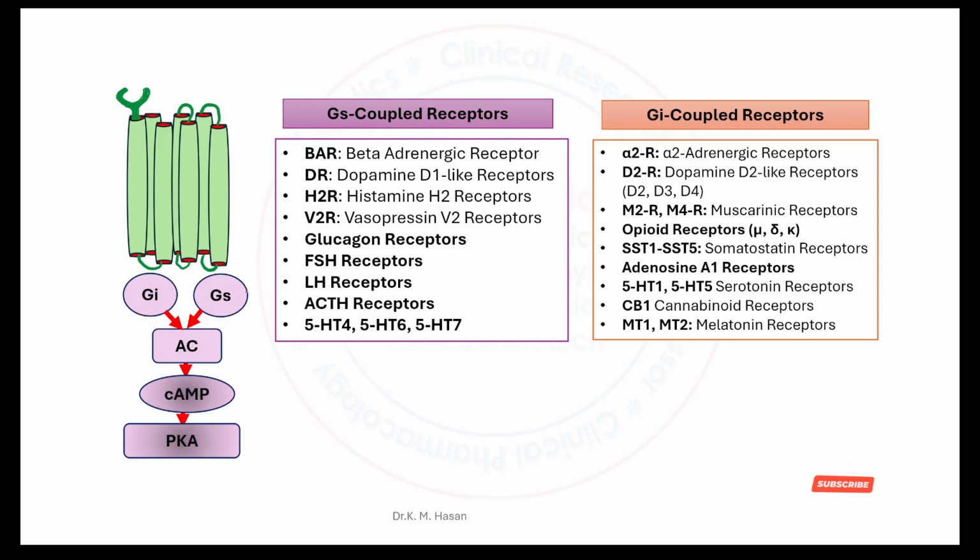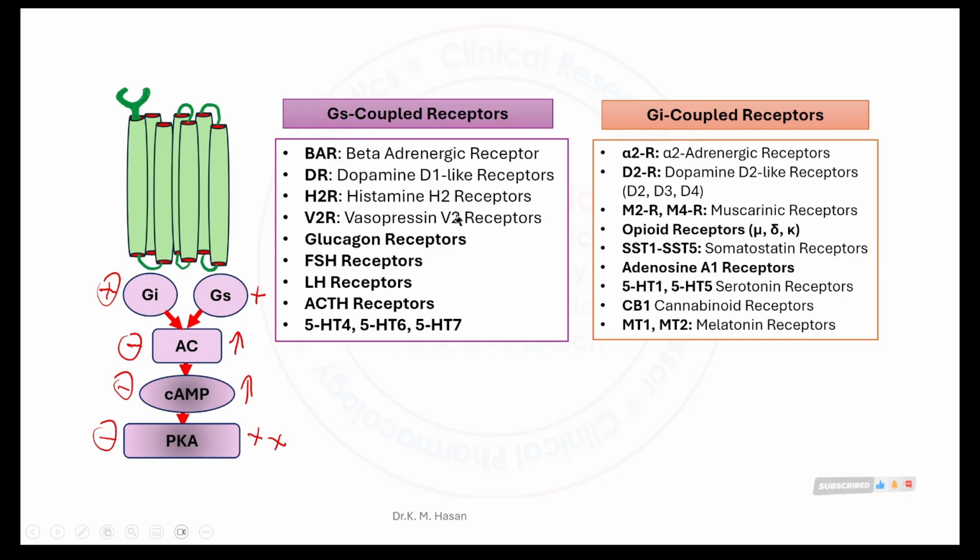But first of all, when we activate Gs protein, this will lead to increased activation of adenylyl cyclase, increased cyclic AMP, and activation of protein kinase A. On the other hand, when you activate Gi protein, this will lead to inhibition of adenylyl cyclase, inhibition of cyclic AMP, and inhibition of protein kinase.